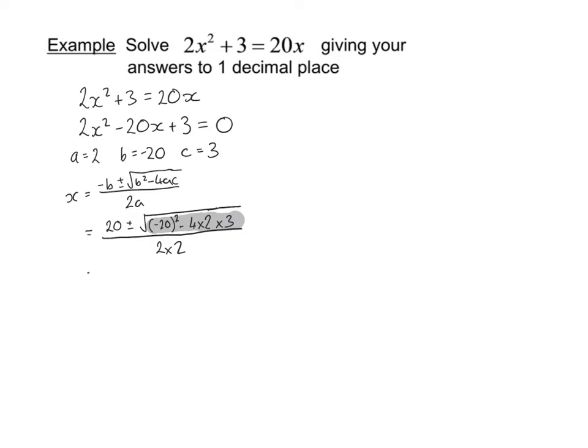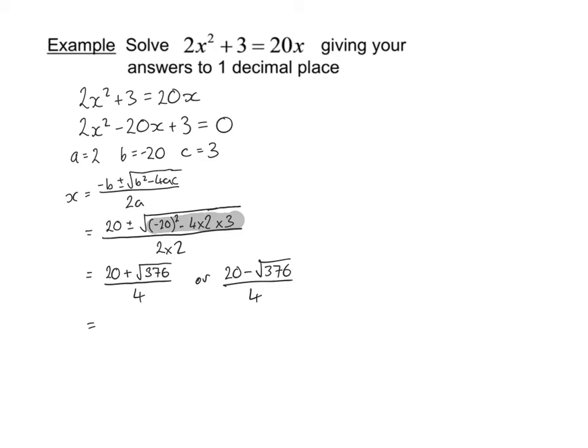So that is equal to 20, and again we're going to use the plus or minus symbol here to split this into two parts, so 20 plus the square root of, and the discriminant was 376, all over 2 2's, which are 4, or 20 minus the square root of 376, all divided by 4. Again, both of these will go into your calculator. Remember, again, when you're typing into your calculator, type in the whole of the numerator first, press equals, then divide by 4, and do that for each one.